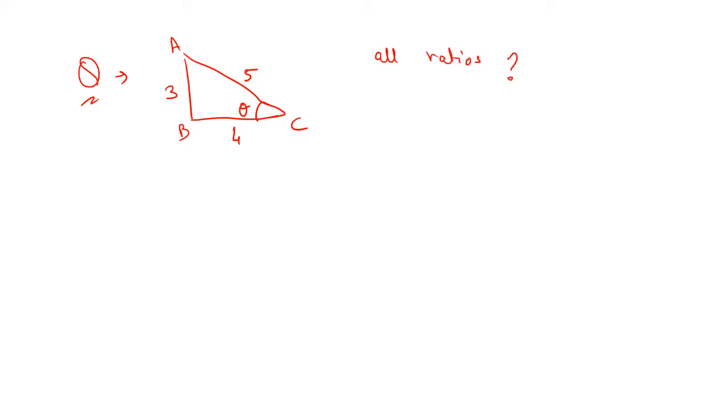So how can you find out? First of all, you have to check that it is a 90 degree triangle. Let's put in the Pythagoras theorem. Hypotenuse square equals perpendicular square plus base square.